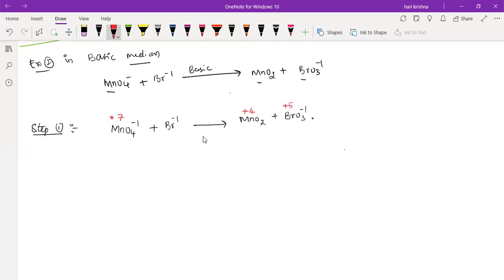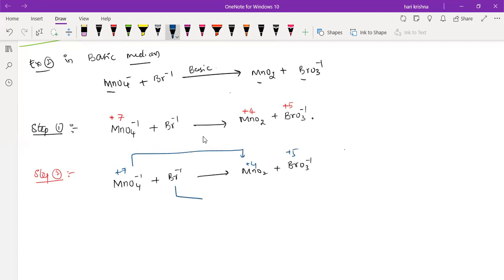Now tell me which one is undergoing oxidation and which one is undergoing reduction. Sir, MnO4 minus 1, Mn is undergoing reduction.